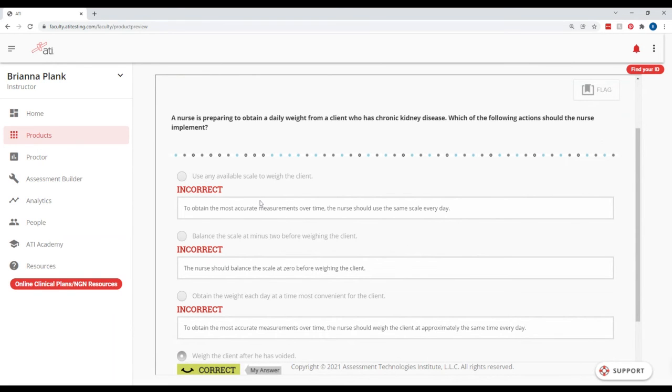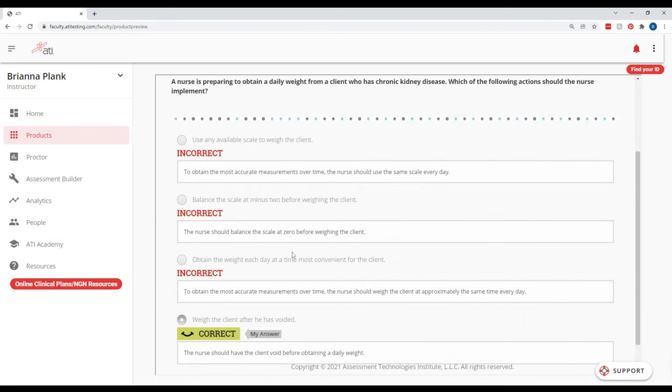So like I said earlier, we talked about always using the same scale. We want to be consistent. If we start weighing them on the bed scale, we need to keep weighing them in the bed scale. If we use a standing scale, then we need to stick with that. They need to wear about the same amount of clothing. If we're doing the bed, have the same amount of things on the bed, however many pillows, however many sheets. We always had like a standard amount of things that would be on the bed.